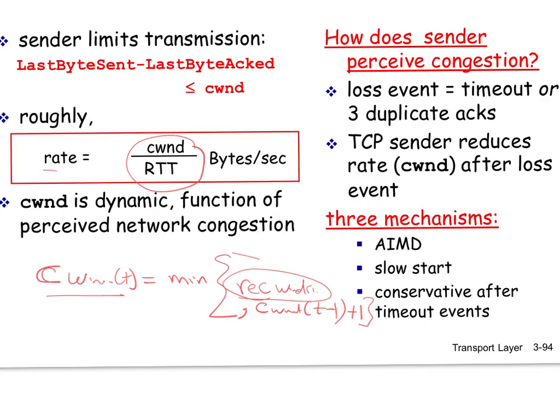Okay? If I receive the acknowledgement, I will make it 2, and then I will make it 3. This is called slow start. This is additive increase, multiplicative decrease. So if I reach a tipping point, then I have to drastically reduce the congestion window, sometimes back to 1. Okay?